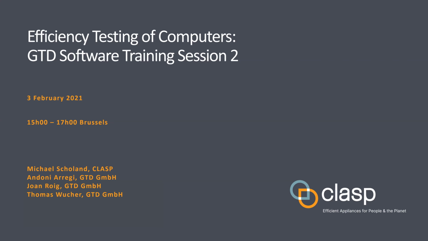The last one was held 2 weeks ago, and if you happen to miss it, at the end of the GTD slides today, Thomas and Yuan will give you a QR code and a URL link to the team website where you can download the slides from last week, download and or watch the video, the recording, and catch up on other material there, the software tool itself, some of the papers and work that's been done around this. It's all posted on that page. So we encourage you to go there and have a look.